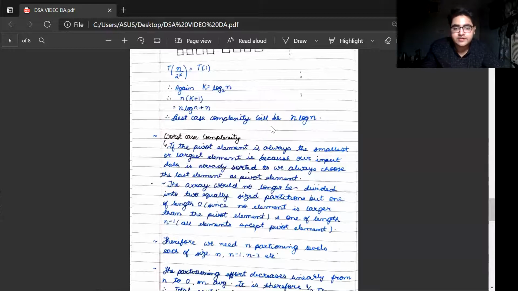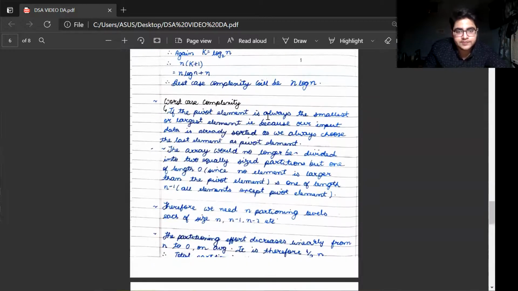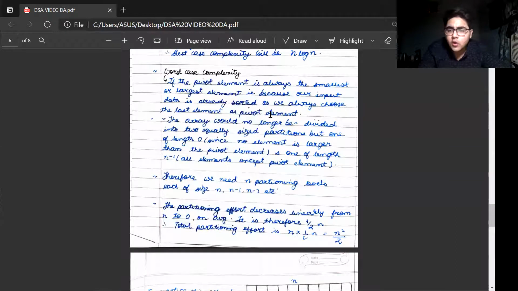Now coming to the worst case complexity of quick sort. If the pivot element is always the smallest or the largest element, that is because our input data is already sorted, or we always choose the last element as the pivot element. In general cases, we choose the last element as the pivot element.